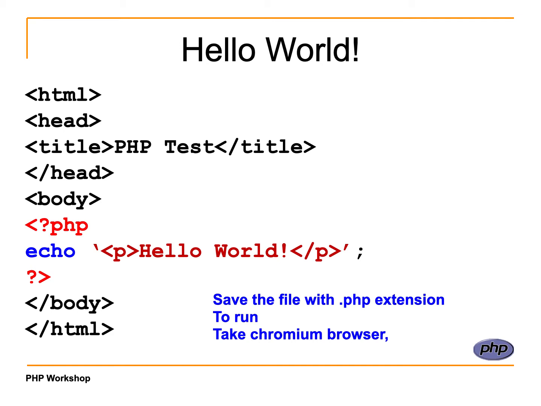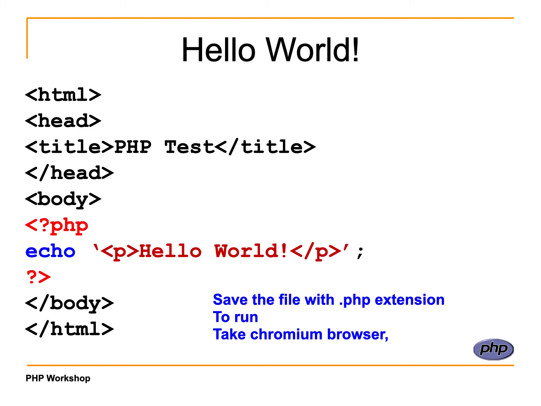So inside the body and slash body tag we have inserted our PHP scriptlet. Starting with less than question mark PHP, then one command is there, that is the PHP echo command. So echo will display the content inside the single quotes. You can specify double quotes or single quotes anyway. And the PHP scriptlet ends with question mark greater than. So when we save this particular page with .html or .php extension, it will work.